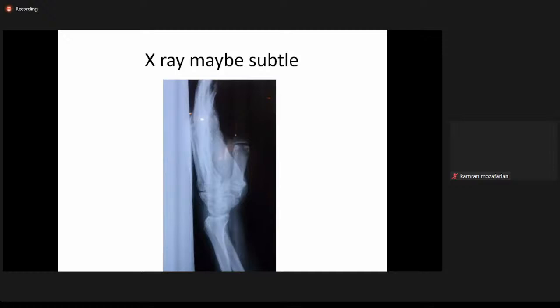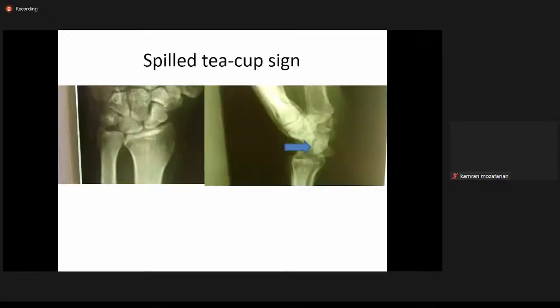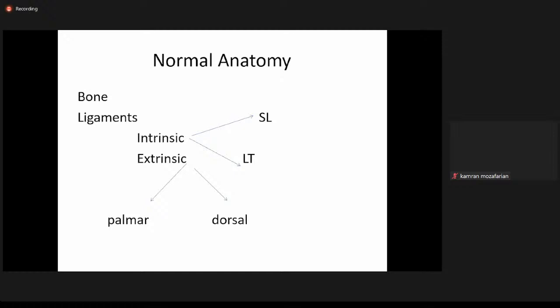But sometimes the X-ray is subtle, and this is the cause of missing this injury in the initial evaluation in about 16 to 55% of patients. In the PA view, we have the P sub pi sign, and the spilled teacup sign in the lateral view indicates subluxation of the lunate.